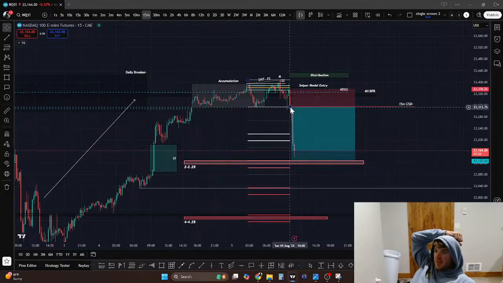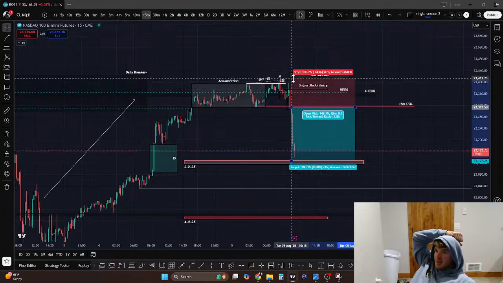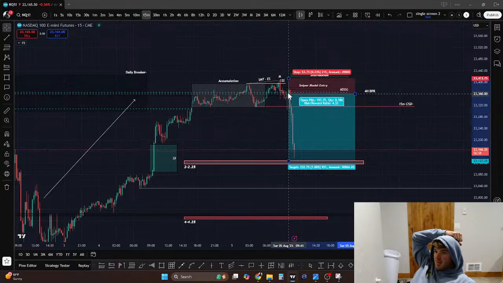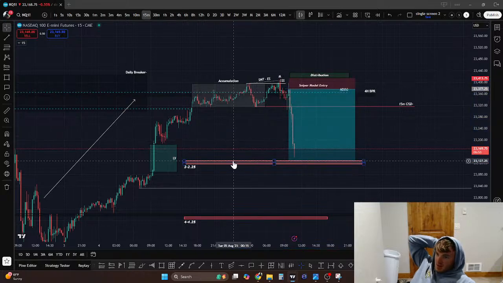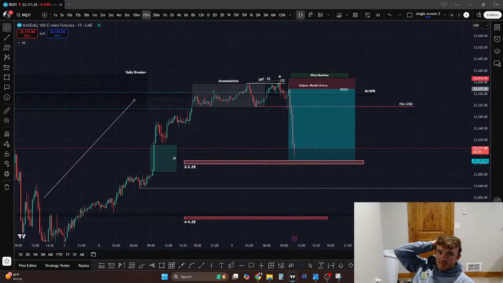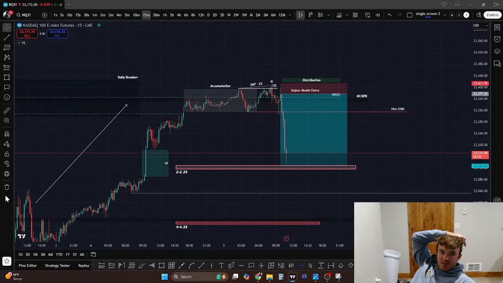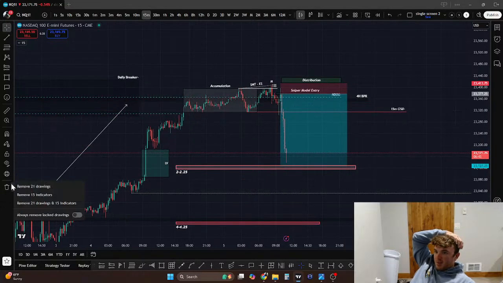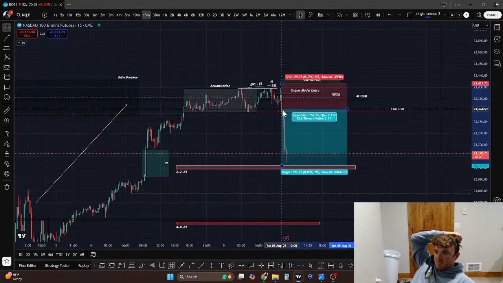And if you went from the sniper entry, this would have been a 6R or 7R. Oh my gosh. Crazy, man. Anyway, I think it's almost time to get off the charts. I guess it's not time yet.